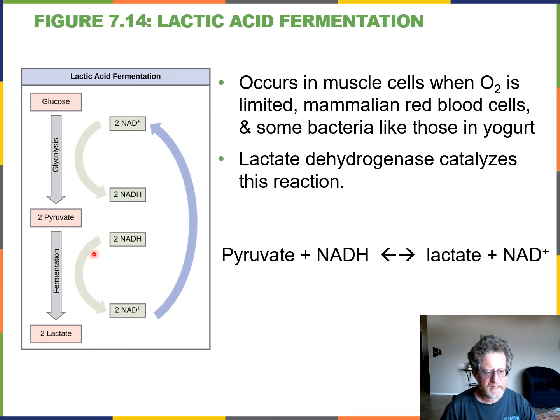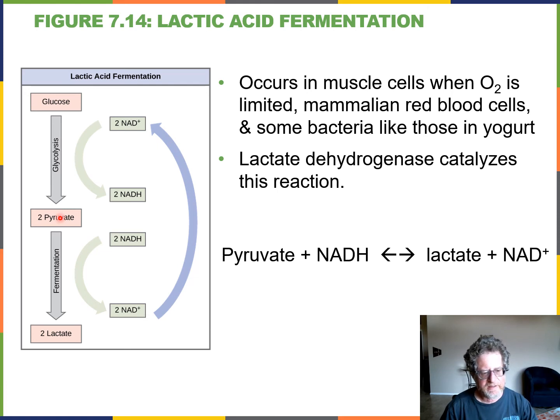So instead, the reactions of fermentation making lactate is what generates the NAD positive and allows glycolysis to continue. So in effect, we can supplement cellular respiration with lactic acid fermentation if we're doing something that requires a lot of energy, like going for a run or working out hard or lifting weights.